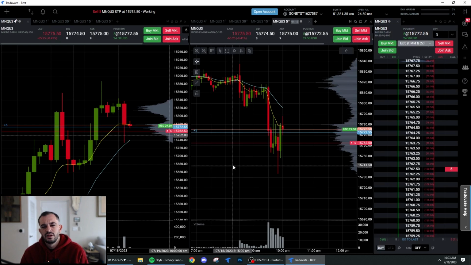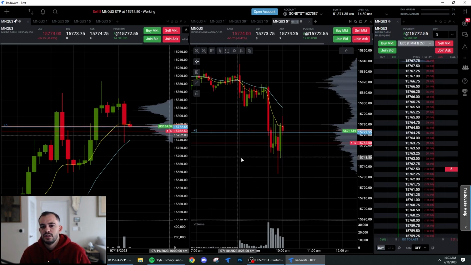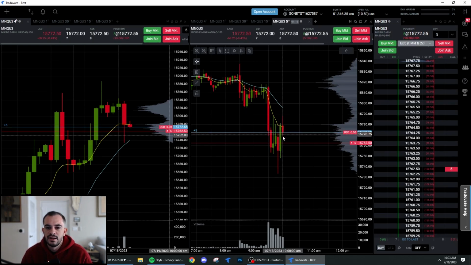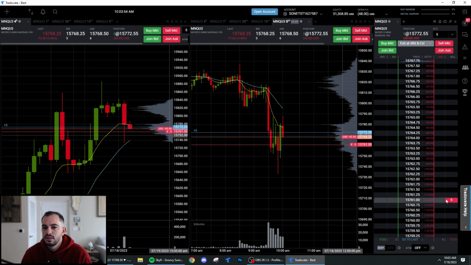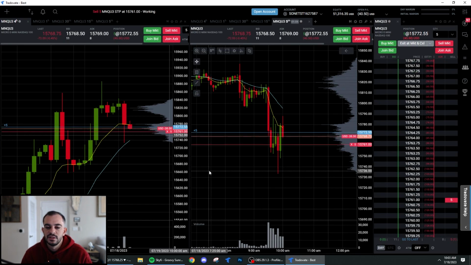I'll take that level. $100 stop on the trade. I'm not going to risk all the way back down. If we start getting all the way back down here, then we do have that little level there. I'll give it 115.50. A little bit of room. We have the open and close here.